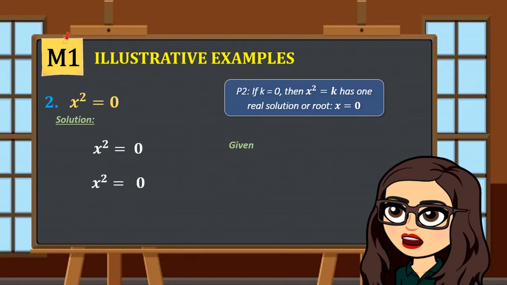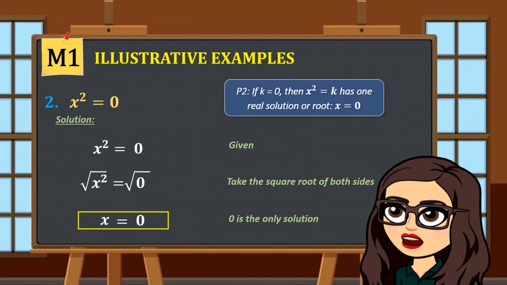Now, let's prove that the value of x is 0. Next step, take the square root of both sides. So the square root of x squared is x. And then the square root of 0 is 0. So 0 is the only solution. And we prove now that x is equal to 0 if k is equal to 0.